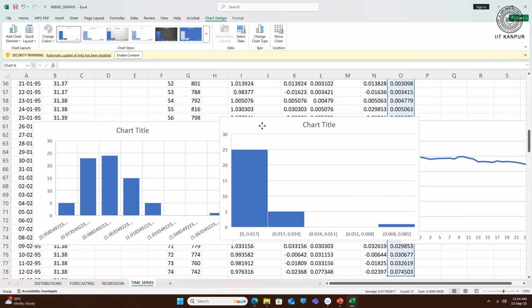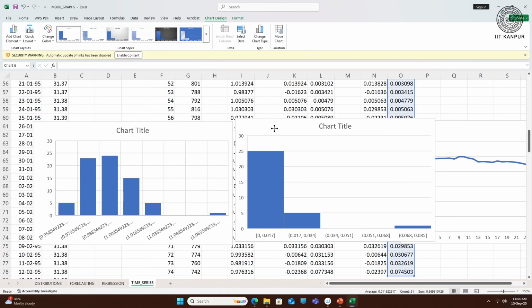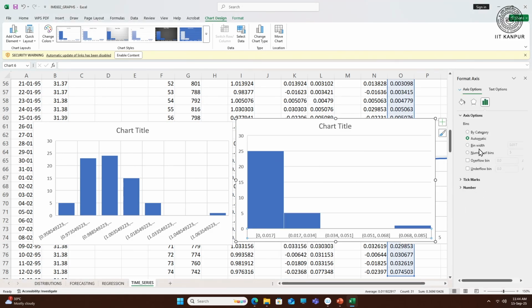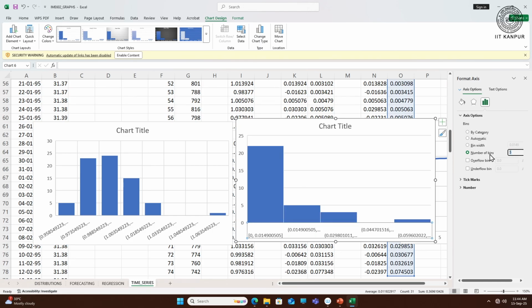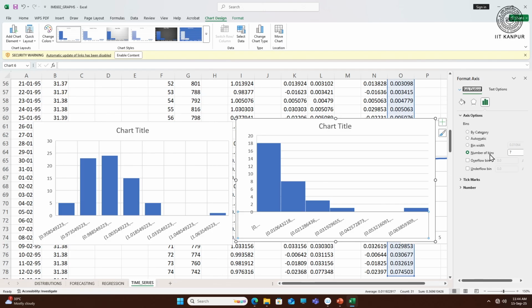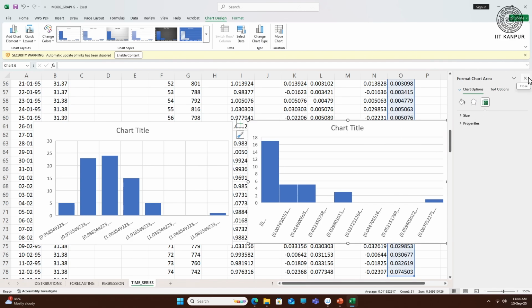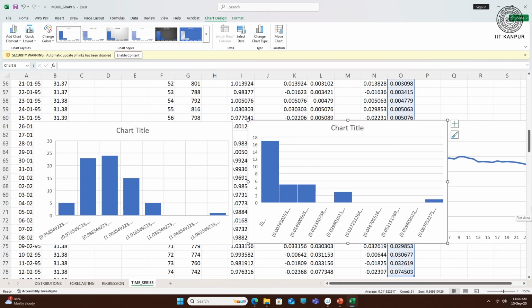So, the positive returns, if I plot, I have the positive returns. Now, what is interesting is this.